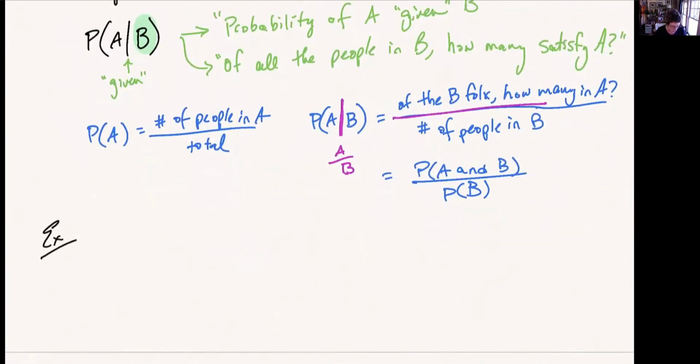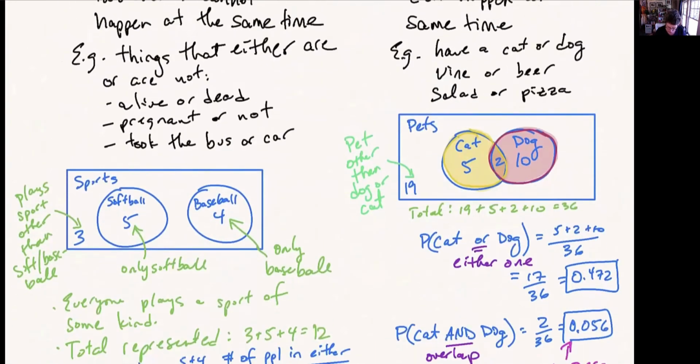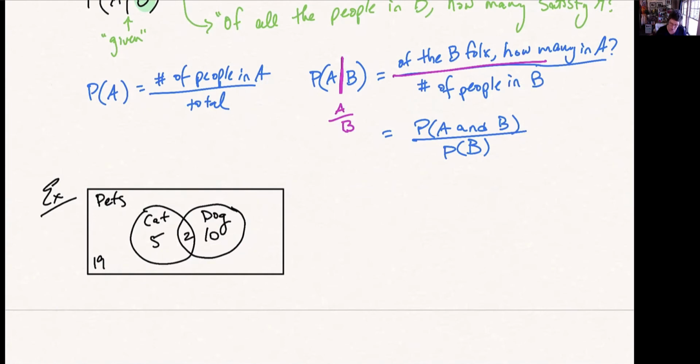So let's go back to the cat and dog example on this last page. I've got my cats and dogs. The dogs are here and the cats are here. If I wanted to find the probability of someone owning a cat, given that they have a dog, I'm not talking about everybody.